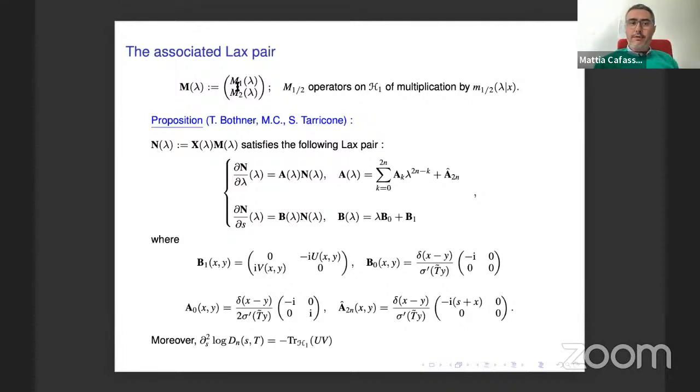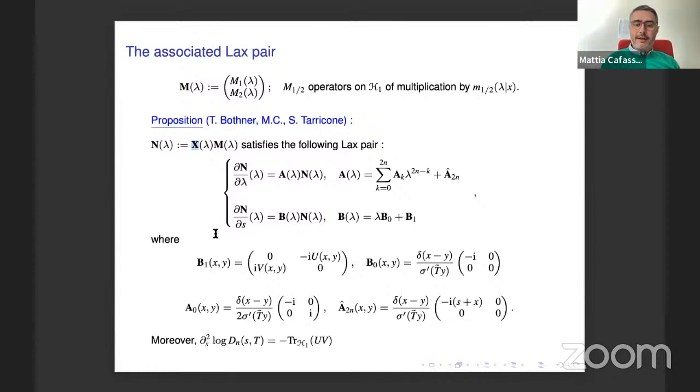You construct a vector with them, and you take the solution of your Riemann-Hilbert problem multiplied by M. And you have that this operator valued vector N of lambda satisfies a Lax pair, in which you see a lot of bold-face letters, because A and B are matrices that are polynomial in lambda, but the coefficients A_k, A hat, B0, and B1 are operators.